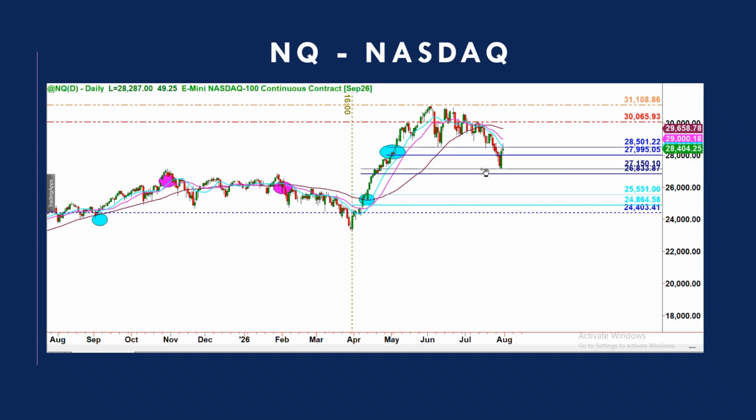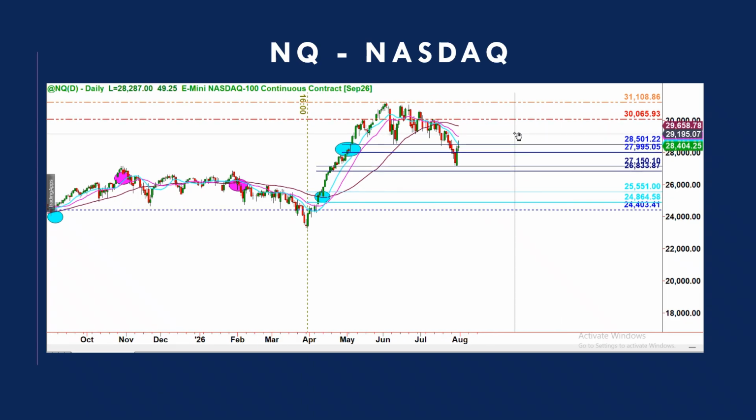It had a bounce from this area and is currently struggling to take out the sell orders left behind in the demand turned supply zone between 27995 and 28501.